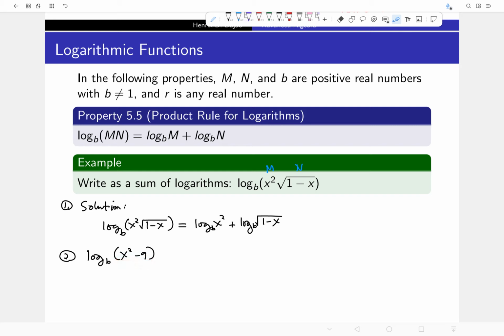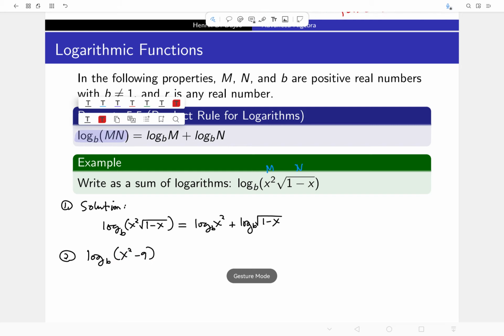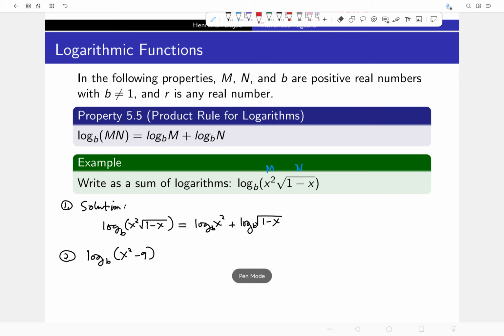We cannot apply this one because the expression here is not in factored form, so it must be factored first so that we can apply the property. To do that, we factor the expression inside first. Remember, x squared minus 9. When you factor that one, that is equal to x minus 3 times x plus 3. We have base b.